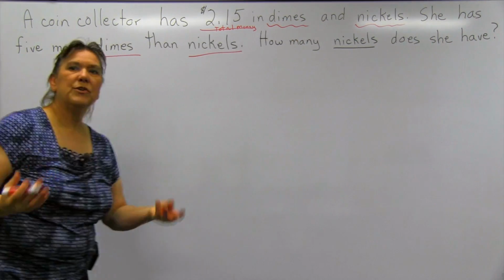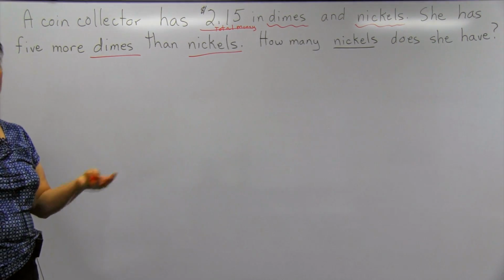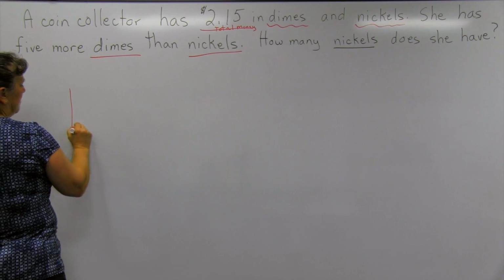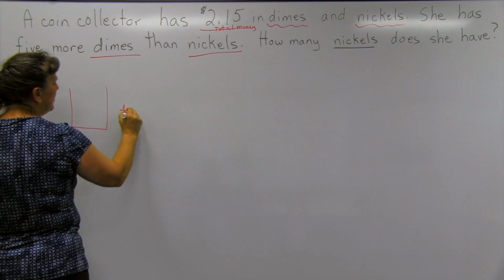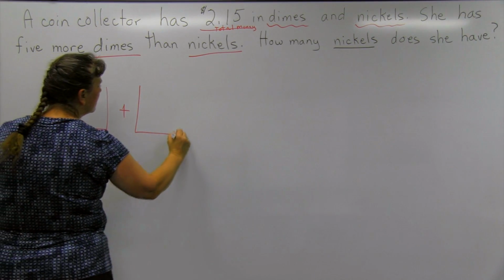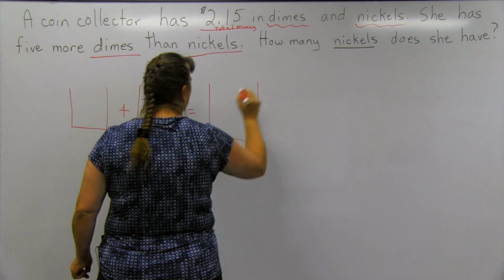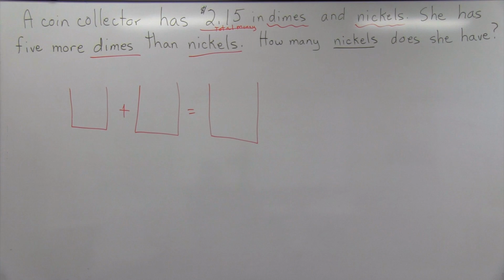So if we're going to use those buckets like we did before, let's draw our buckets. You're going to have your dimes added to the money that's in nickels is going to equal your total money cost, okay?